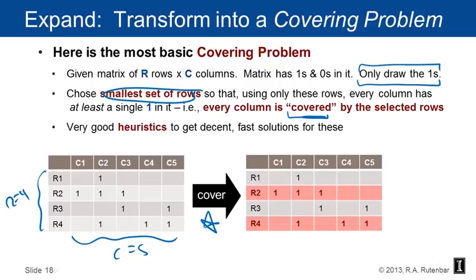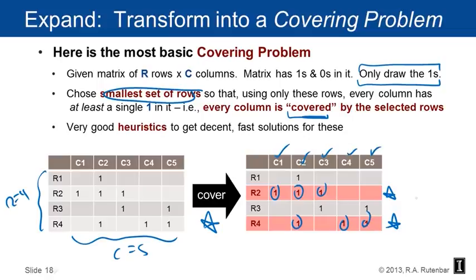And so if I were to do a nice simple cover for this matrix, I would choose row 2 and row 4, because as we see, row 2 covers column 1, row 2 and also row 4 cover column 2, row 2 covers column 3, row 4 covers column 4, and row 4 covers column 5.